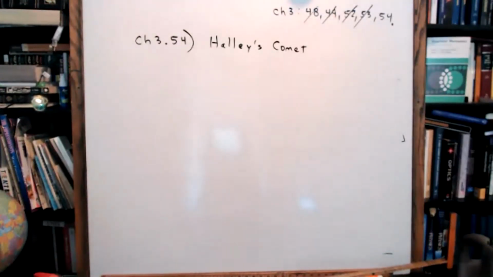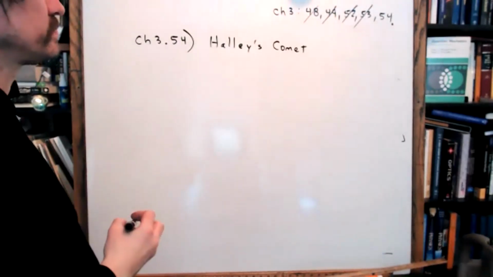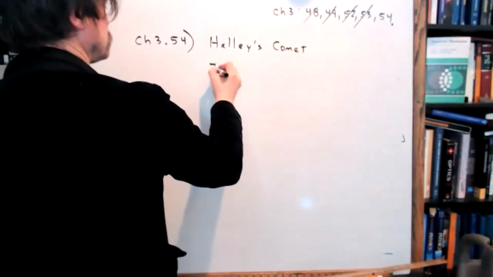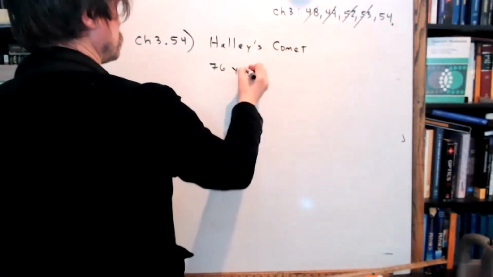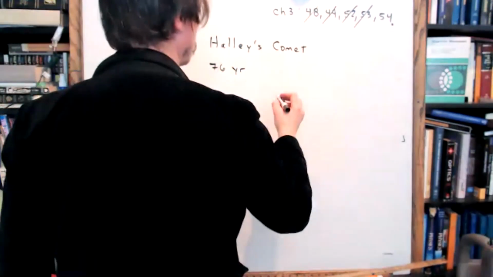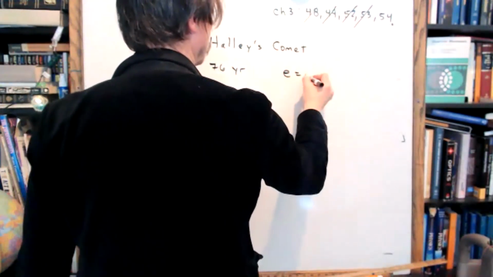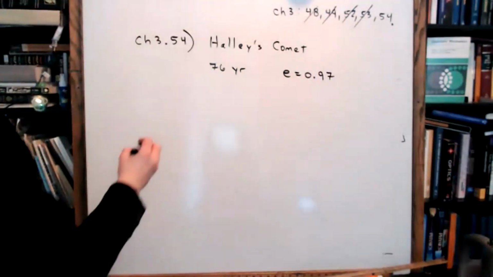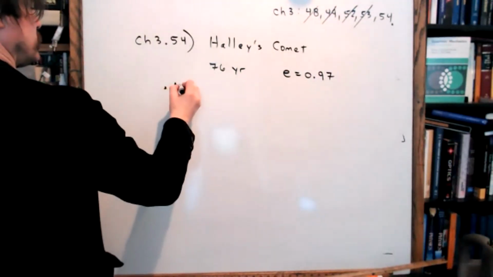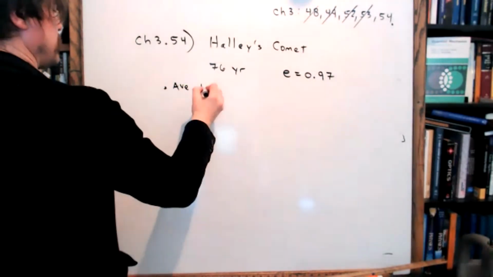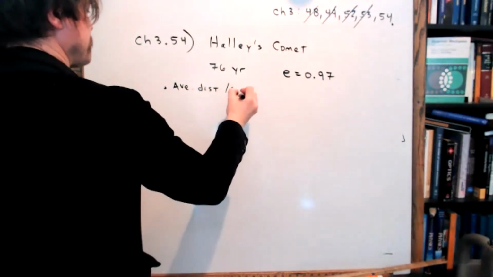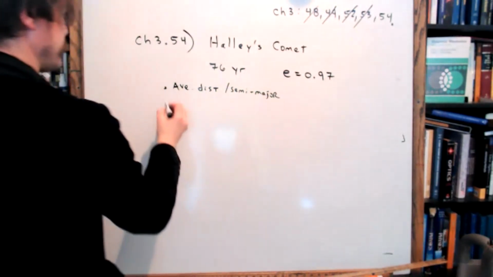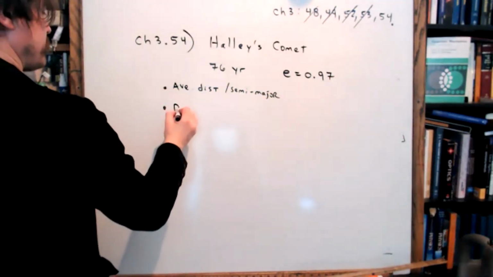Okay. Halley's comet orbits the sun every 76 years and has an orbital eccentricity of 0.97. Find its average distance from the sun, semi-major axis, and find its perihelion and aphelion distances.